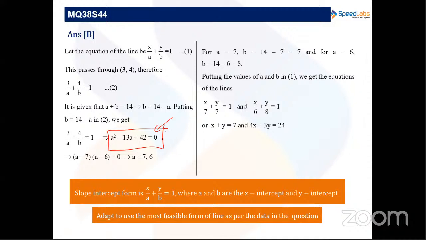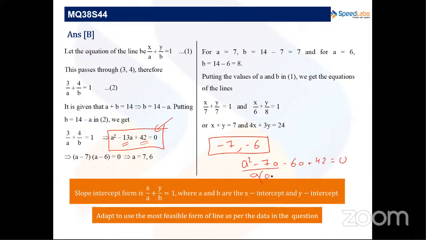So we will solve this quadratic equation by the method of splitting the middle term. We need two numbers whose product is 42 and whose sum is minus 13. So that is minus 7 and minus 6. So it will be a square minus 7a minus 6a plus 42 equals to 0.